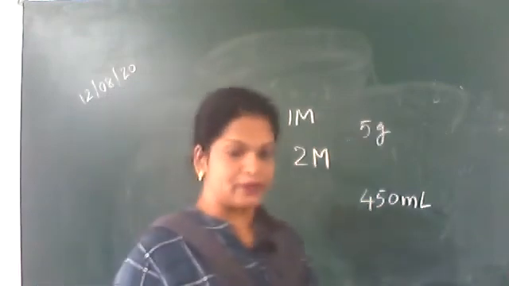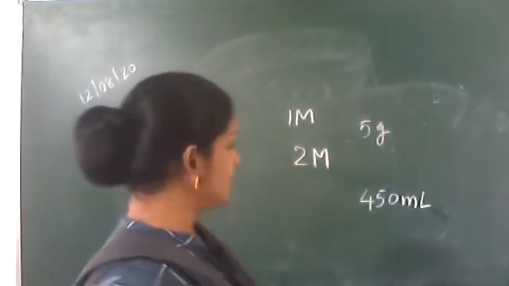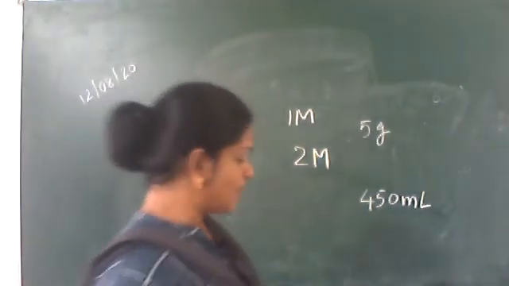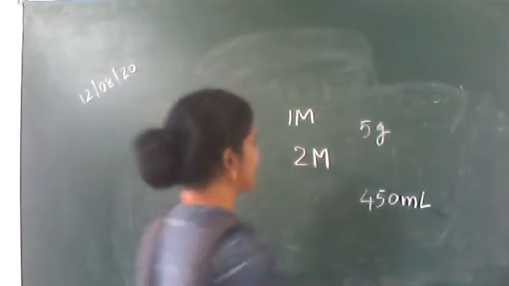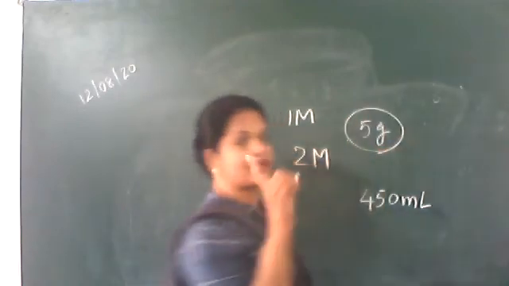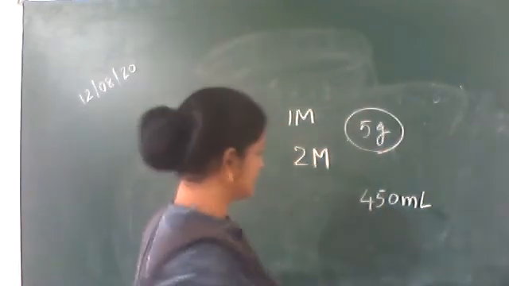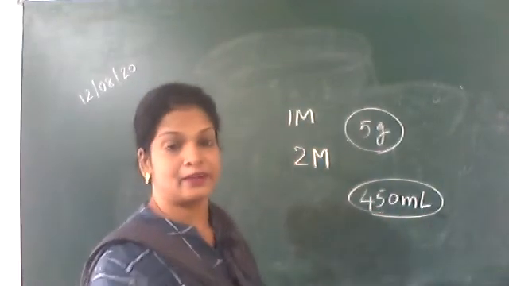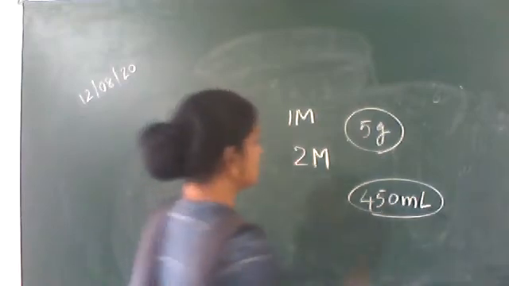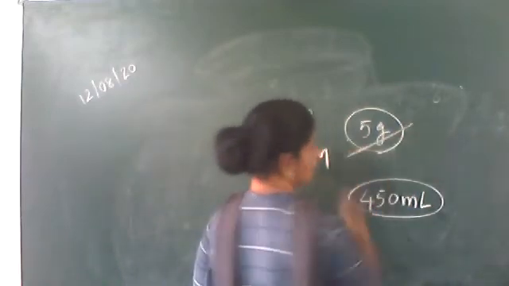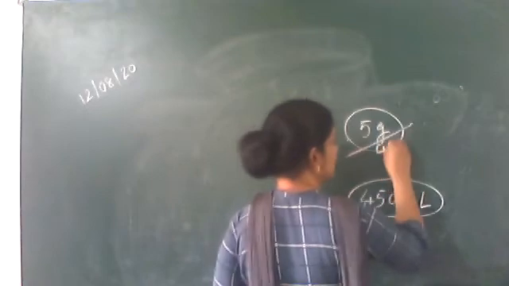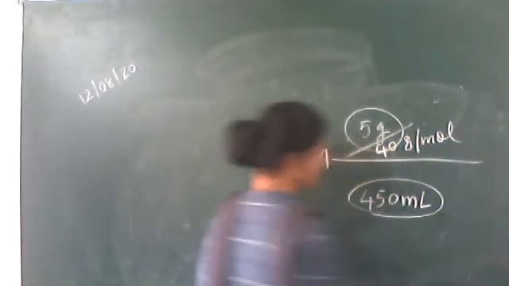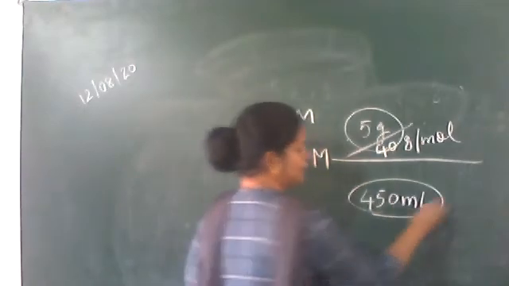Calculate the molarity of a solution containing 5 gram of NaOH. So NaOH weight is given. You have to calculate the number of moles. 450 ml is given. You have to convert that into liters. So 5 gram upon the molar mass, that is 40 grams per mole, divided by 450 ml.